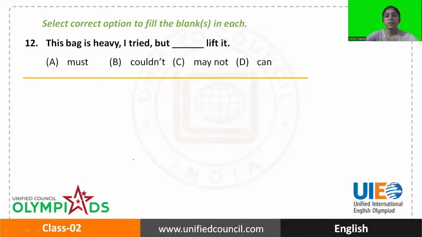Then next one is question number 12. This bag is heavy. I tried, but blank left it. First of all, we are talking about past. So could not is the perfect phrase, grammatically as well as contextually. This bag is heavy. I tried lifting it up, but could not lift it, right?